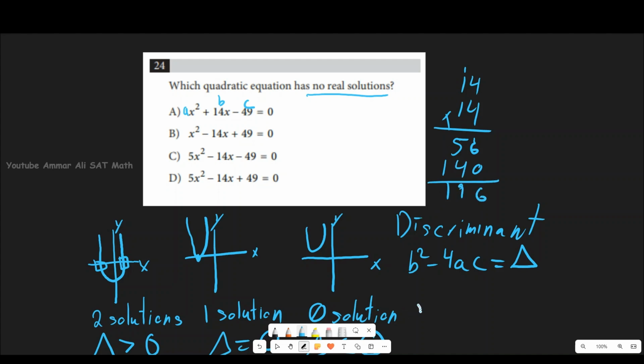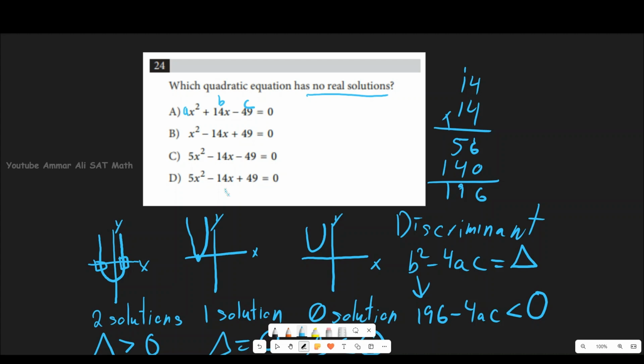So we know b squared is going to be 196, and now we need to figure out what number makes 196 minus 4ac less than 0.